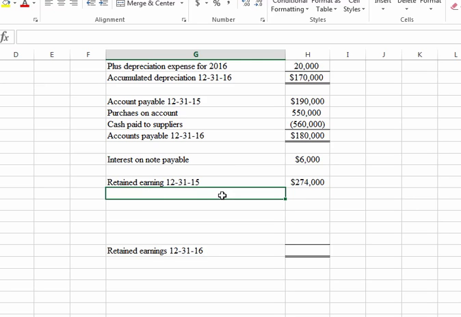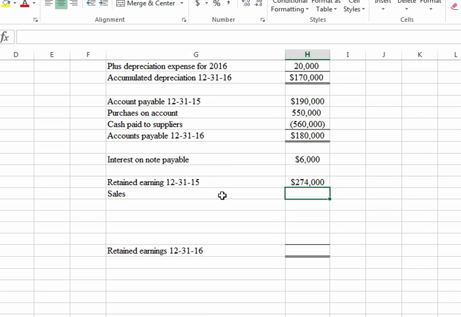All right, now what increases retained earnings, what decreases? Well, remember, net income increases retained earnings. We don't know how much net income was. We do know how much our sales and expenses were. Remember, sales increases net income. We would include sales here.